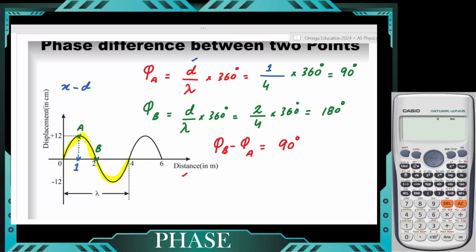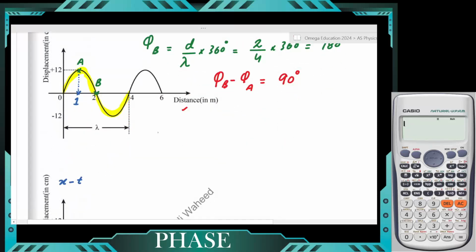But what if I give you another way by which you can find the phase difference between 2 points, a very simpler way, and matter of fact a shorter way, to find directly the phase difference between point A and B. Well, if we just change the expression and instead of writing the distance, we write delta D, which is the separation between the 2 points, and everything else would be written as it is.